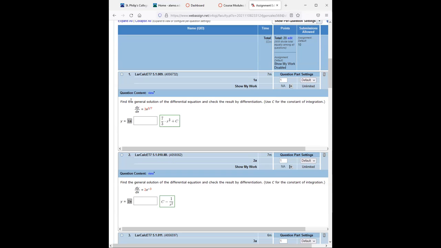Number one says find the general solution of the differential equation and check the results by differentiation. So basically, they're giving you a derivative. They want you to integrate both sides, which would mean you're solving for y, going backwards to the original. Once you get the original, you take the derivative just to see if it works. That's what they want you to do. So let me write this guy down here.